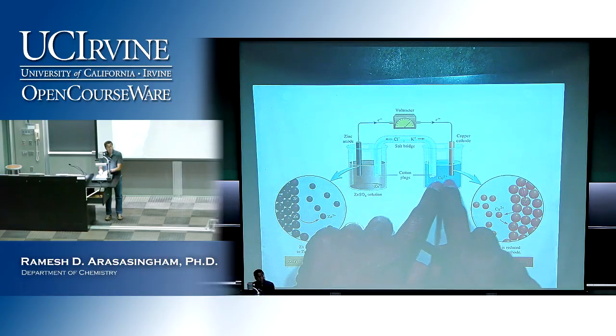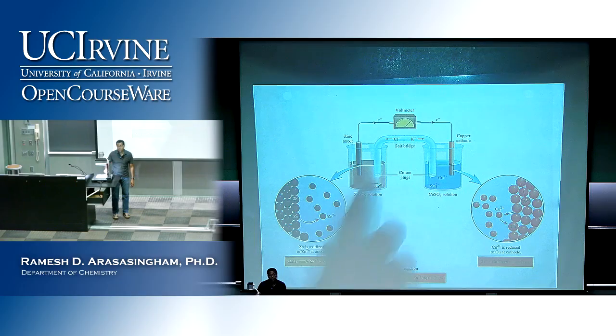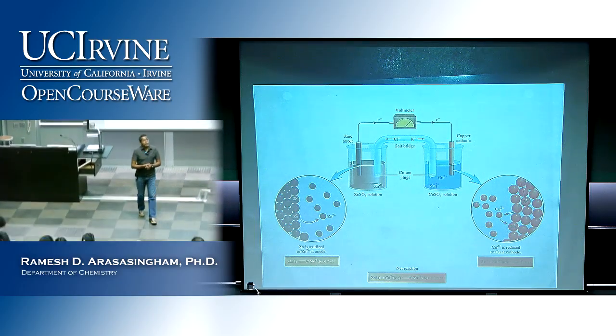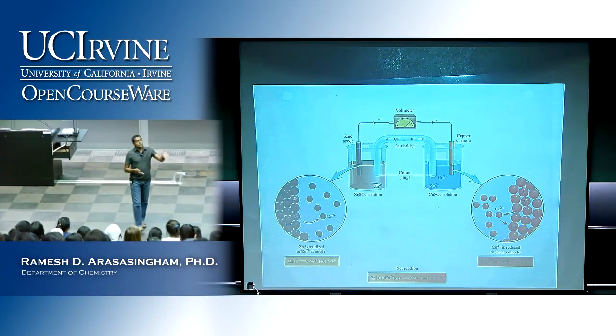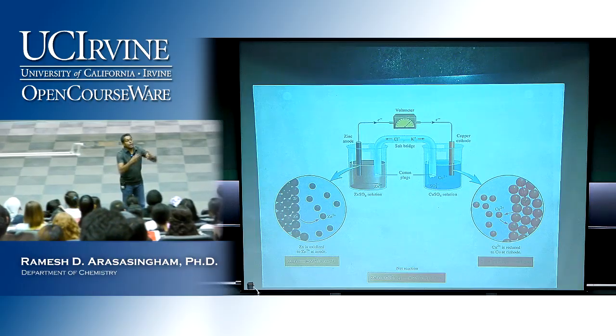The initial amount of copper ions will equal the sulfate ions. Got it? But once the reaction starts proceeding, your zinc metal becomes zinc 2+. So in this solution, you're going to have more and more cations building up. To balance the charge of the increasing number of cations, you need anions to migrate in there to balance the charge.